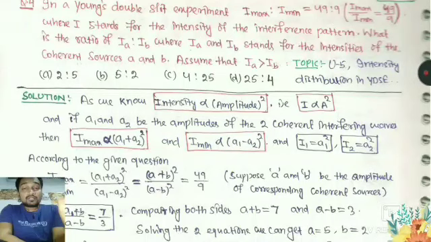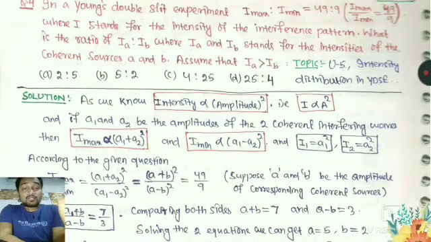So Imax is proportional to (a1 plus a2) whole square, and Imin is proportional to (a1 minus a2) whole square. According to the given question, Imax is to Imin is 49 is to 9.